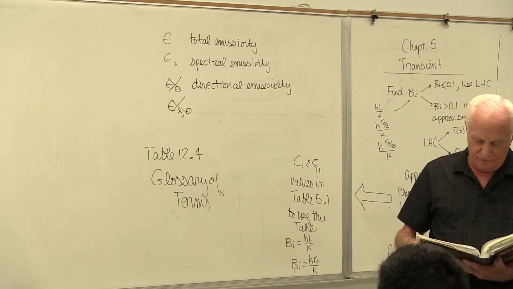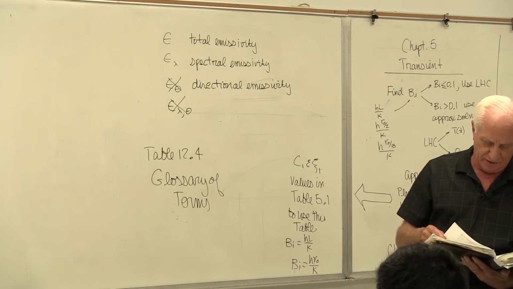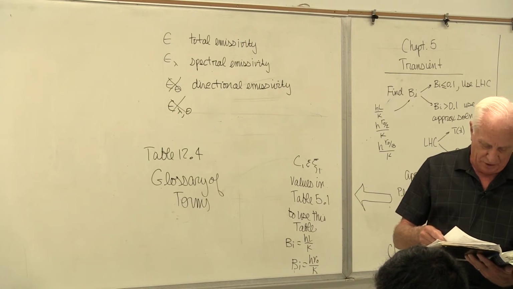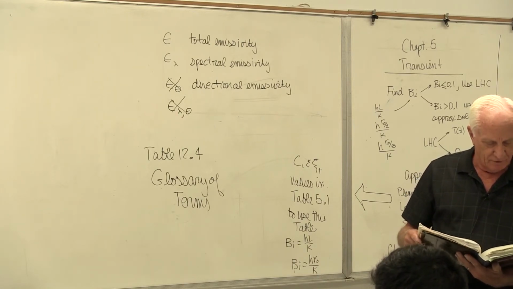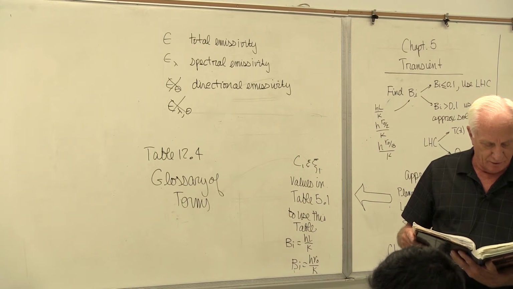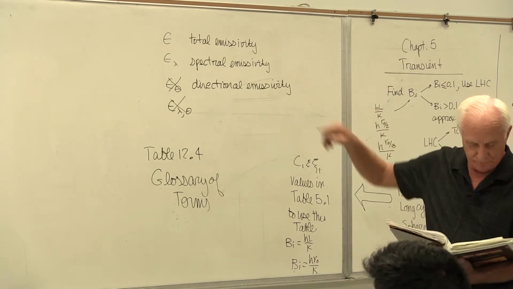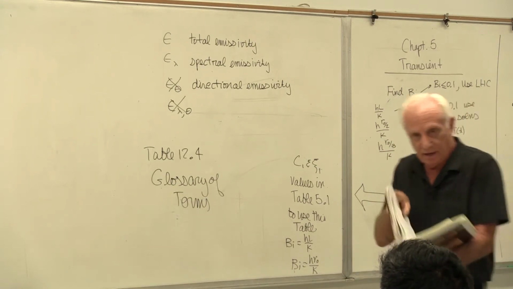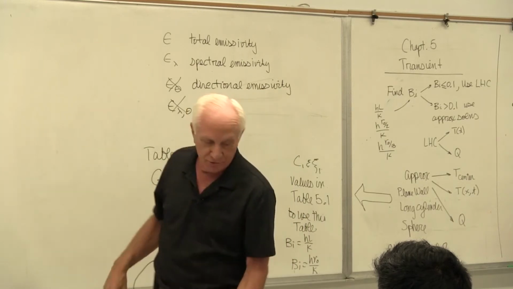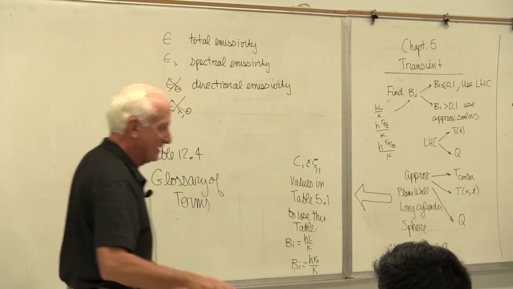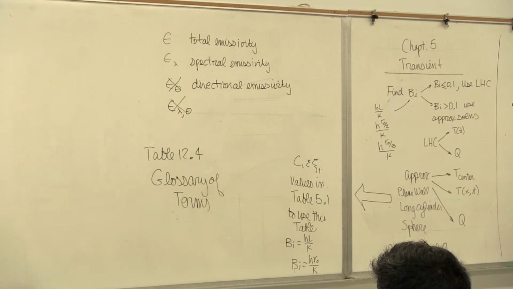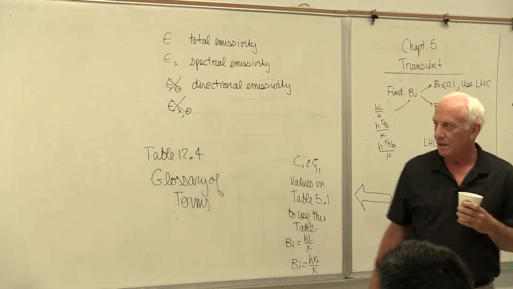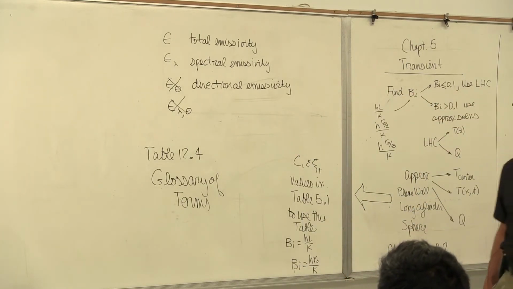What's black body, what's diffuse, what's emissive power, what's emissivity, what's the gray surface, what's irradiation, what's Kirchhoff's law, what's Planck's law, what's spectral mean, what's the Stefan-Boltzmann equation, what's total mean, what total means, over all wavelengths, over all angles. What's transmissivity, what's the displacement law, everything is there in that table, so if you get confused, you might want to put a few things down on your equation sheet. You're allowed to bring one equation sheet again, both sides, same rules. So that's just helpful. The author did that to be helpful.